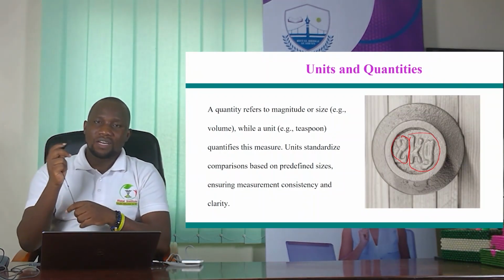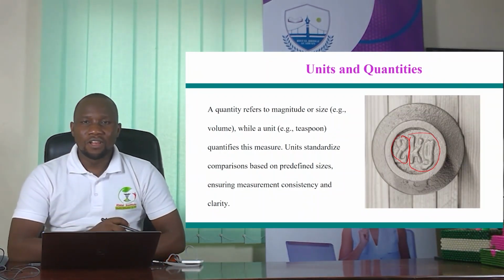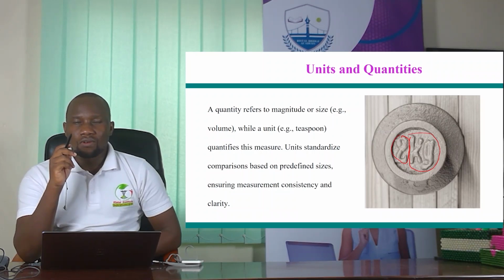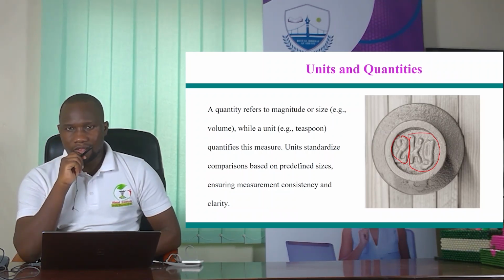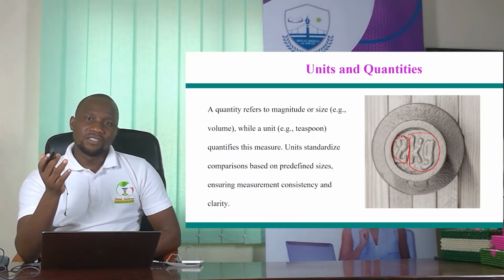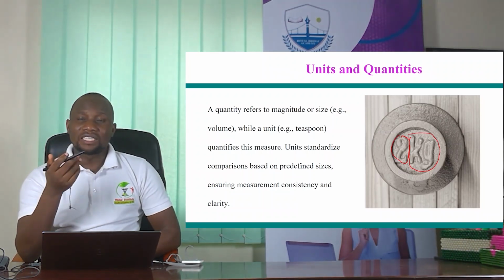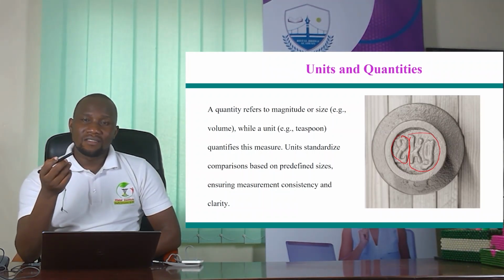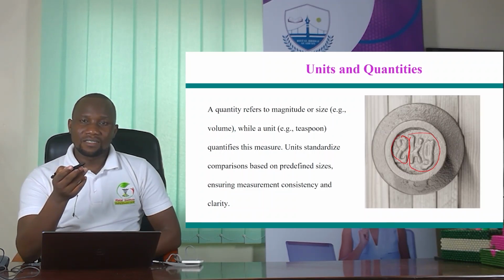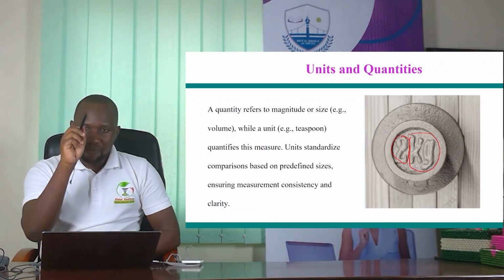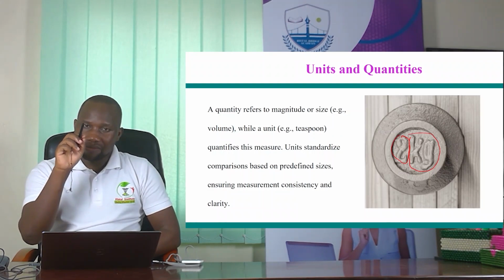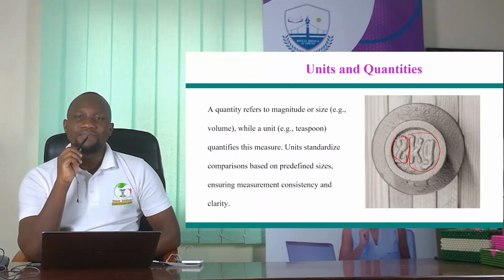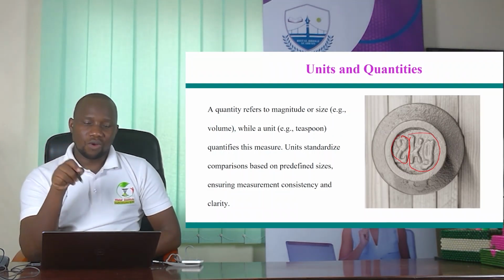So you can say, like, if I tell you, I'm going to give you 3, you ask me, 3 what? 3 pens, 3 computers. Okay, so I need to put a unit to it. The 3 has to have a unit.